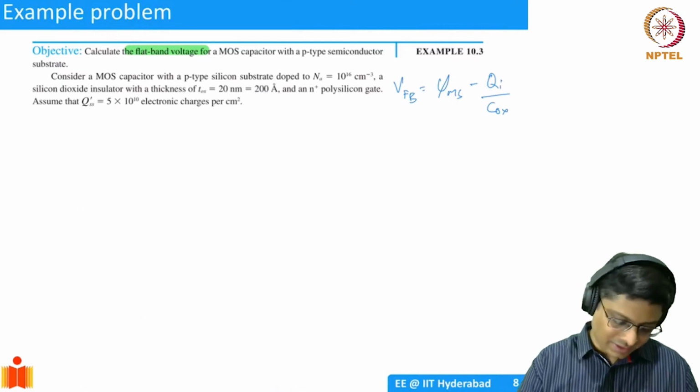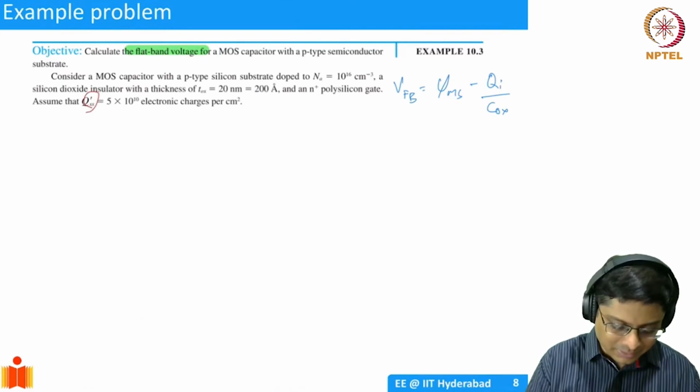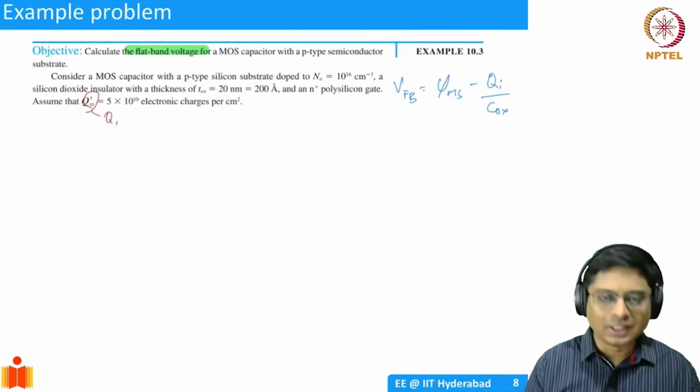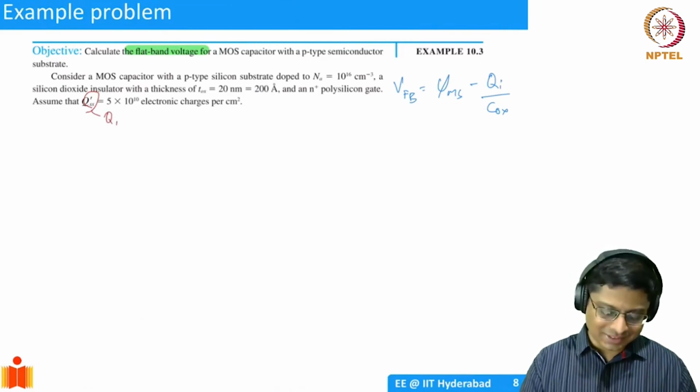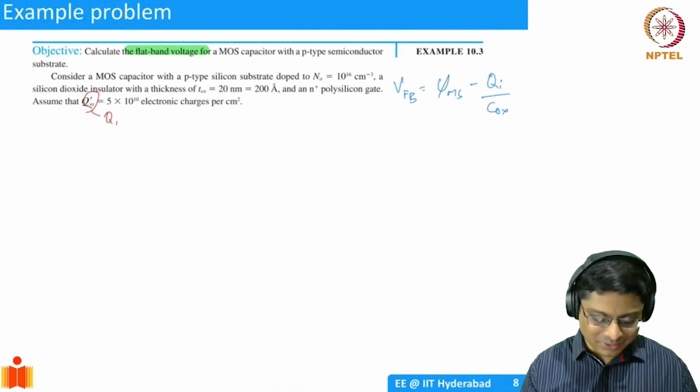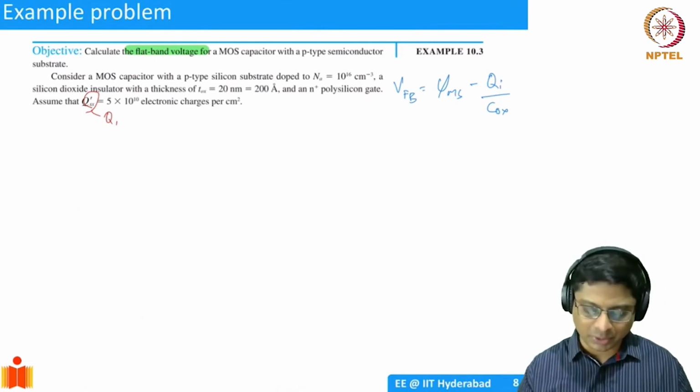You'll have to live with my definitions. QSS prime is basically QI in my definition. We are taking material from various books, and each book uses a slightly different notation, which can be confusing, but just note that QSS prime that Neaman uses is essentially the equivalent positive charge.